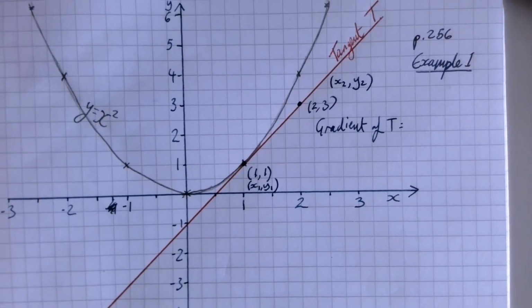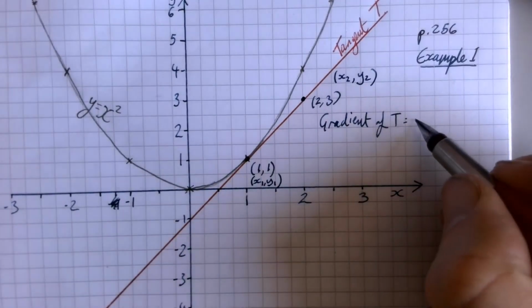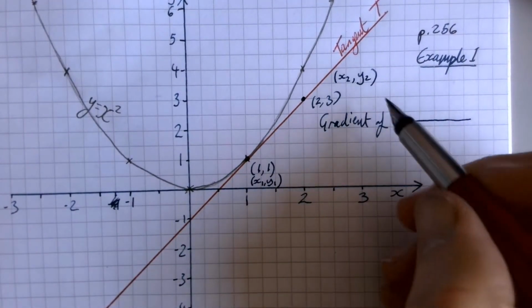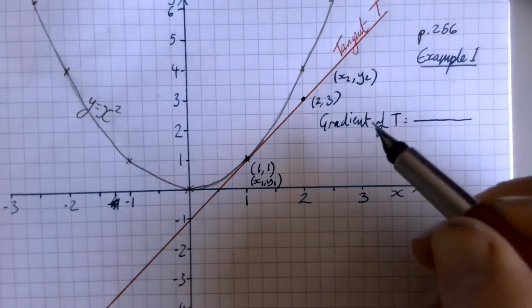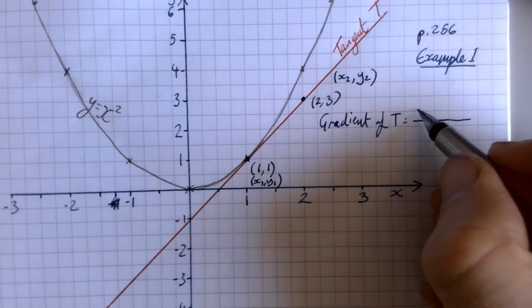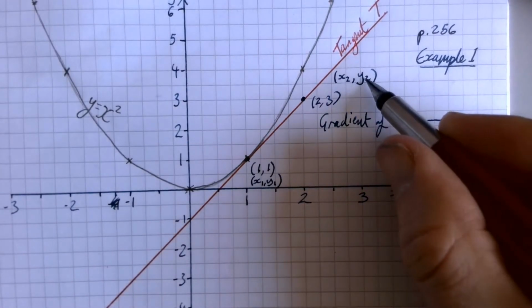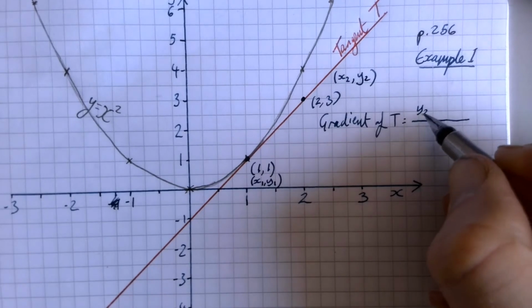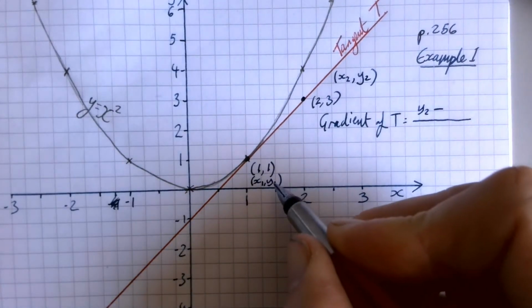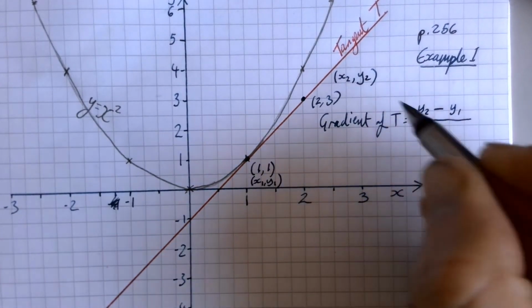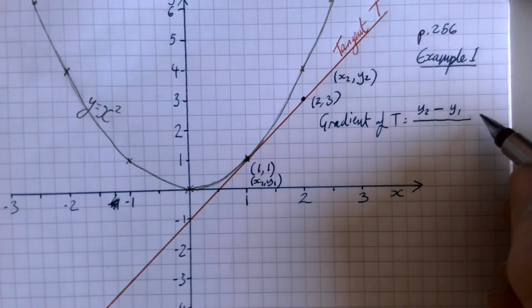And in order to work out the gradient of t, I need to divide the difference in the y's by the difference in the x's. So I will take my first y value away from the second y value.